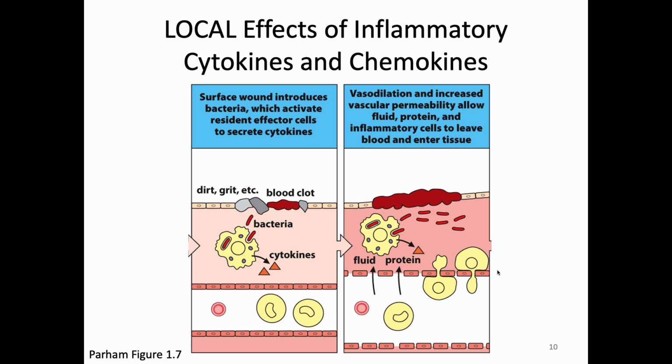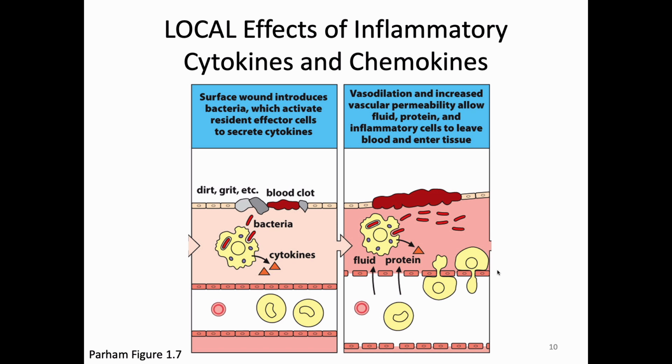So before cytokine, after cytokine. We've got the tissue, like the layer of skin, and this is the blood vessel under the tissue. The first thing you should notice is that the blood vessel got a lot wider. So we've changed the diameter. This is called vasodilation.